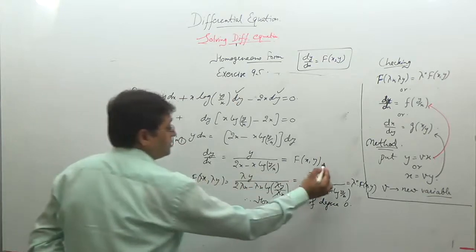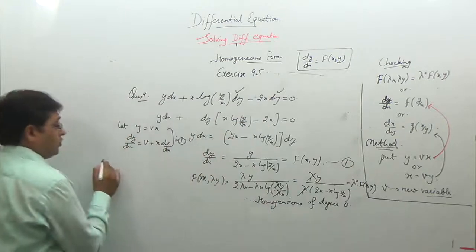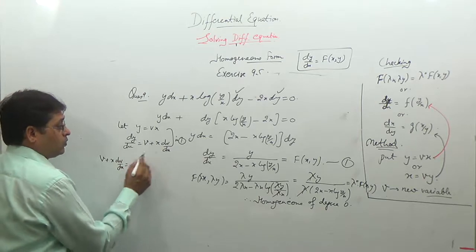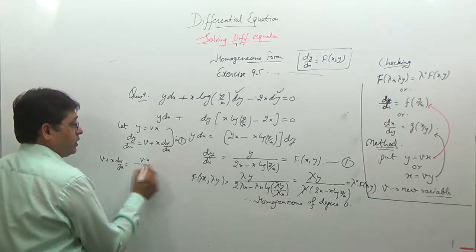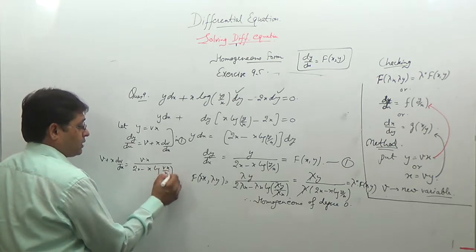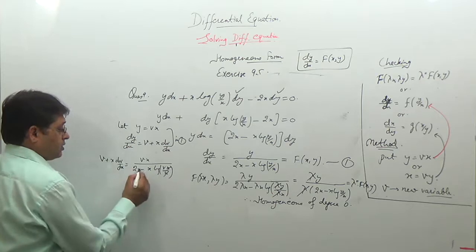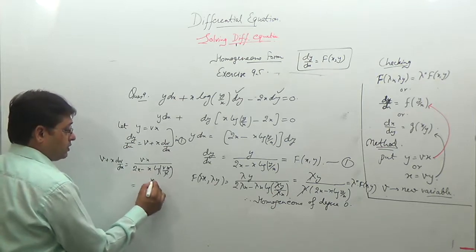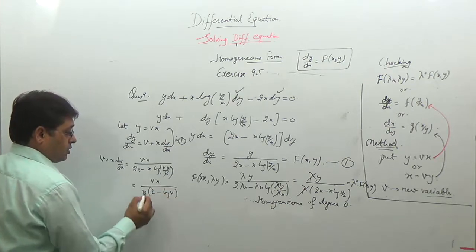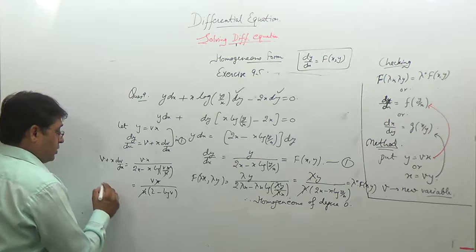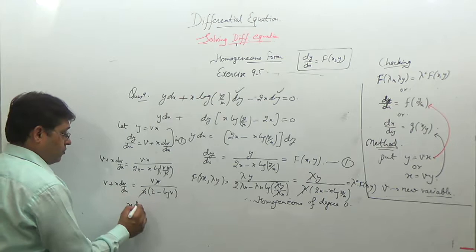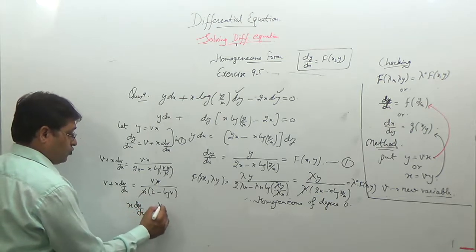Now 1 is your equation, so you will get v plus x dv upon dx is equal to, put y is equal to vx upon 2x minus x log vx upon x. x is cancelled with x.